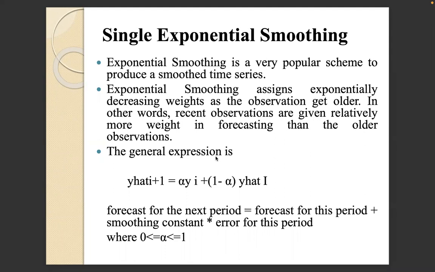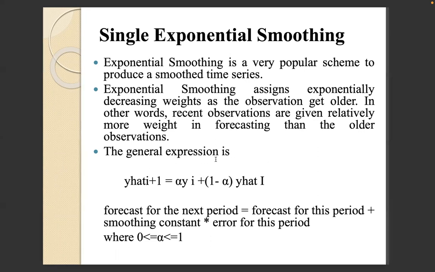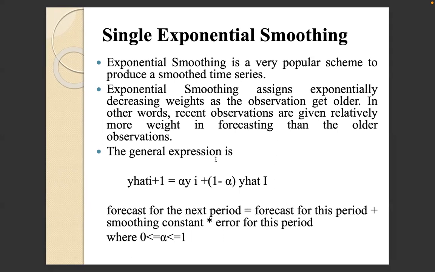If you take such observations, then it has irregular observations. So this smoothing technique is applicable for such data, right? Here we also assign a weight, which we call alpha. So alpha is a kind of weight we are assigning.